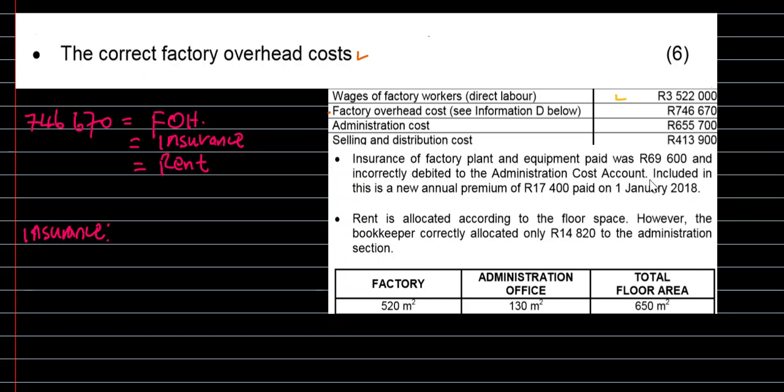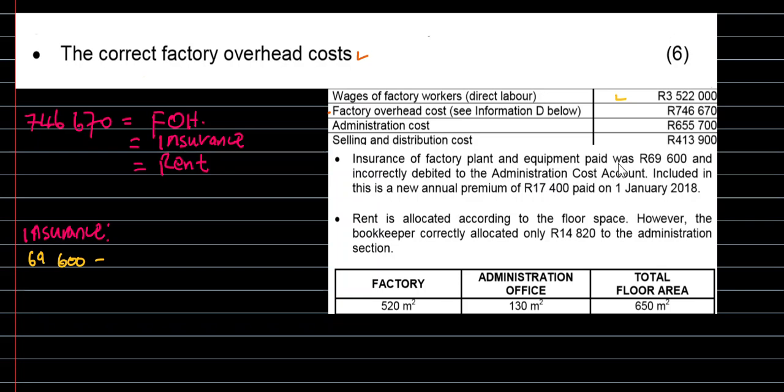What is important there is to take that 69,600. Now, 69,600 minus 17,400, because it is already included in the administration cost.